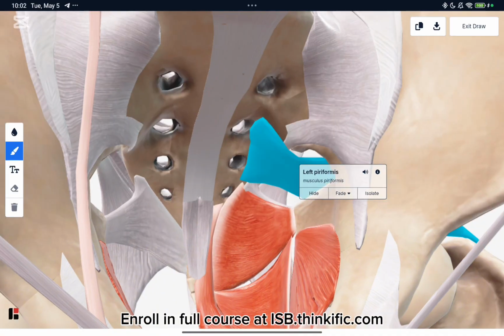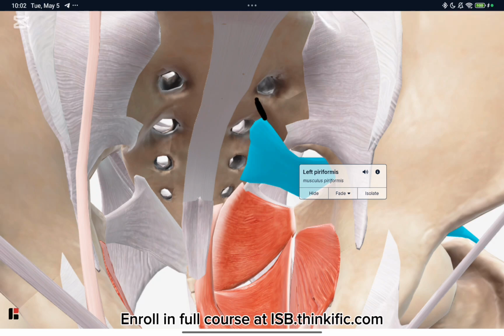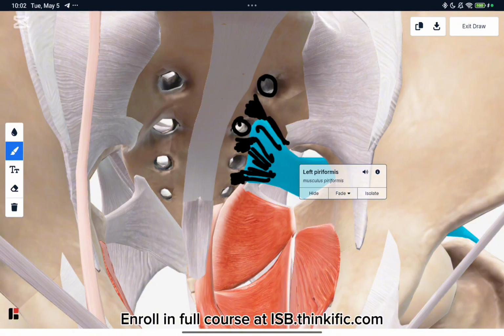Okay, here. Actually, from the bridges of bone, it's not so accurate in the animation, but it actually comes from the bridges of bone that is between the anterior sacral foramina. Here, here, and here. From the bridges of bone between them. Then it forms a little muscle belly.